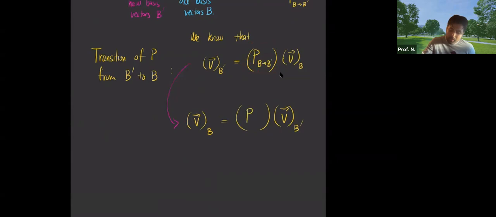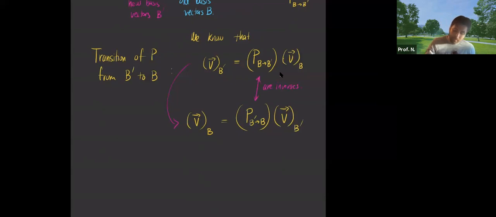So this matrix from B prime to B, these are inverses. And doesn't that make sense? If I say, hey, I want to go from the old to the new and then come right back, I would have to do the inverse and vice versa.